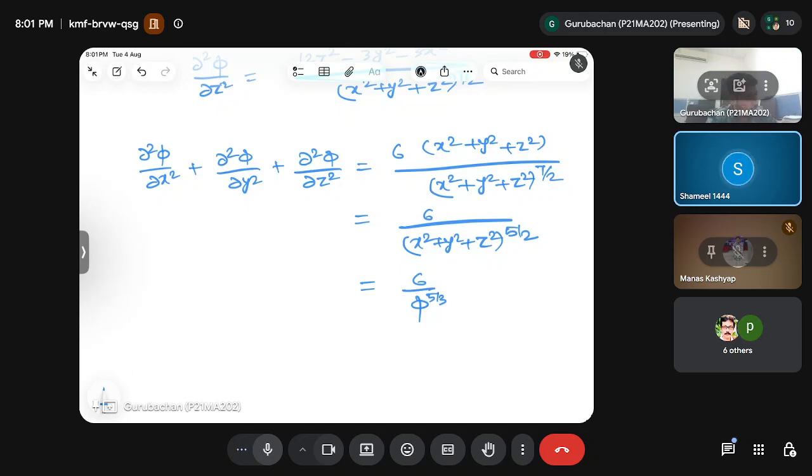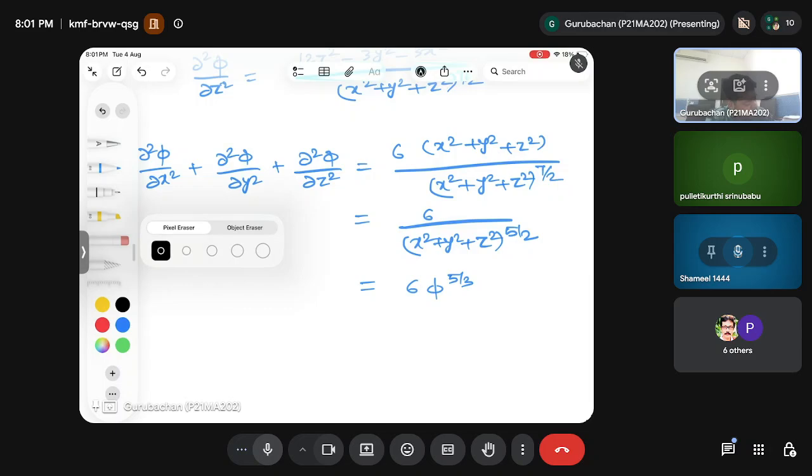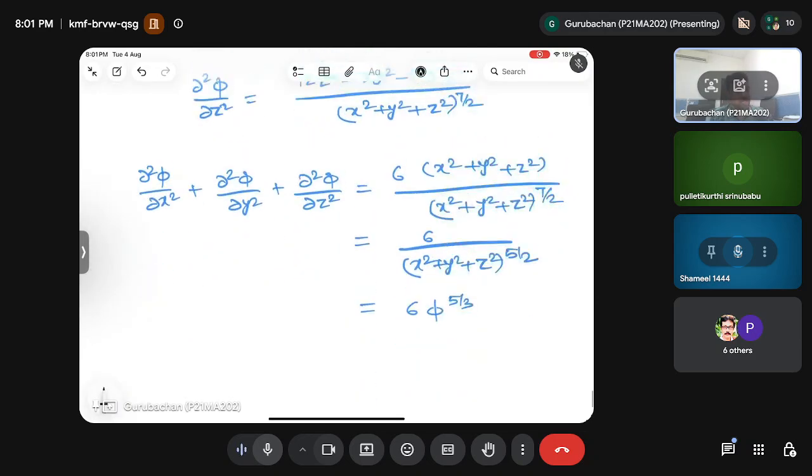No, it is not. You write 3 by 2; it should be in the numerator, because in the phi it was in the denominator. Any doubt? Or shall I move to the last question?